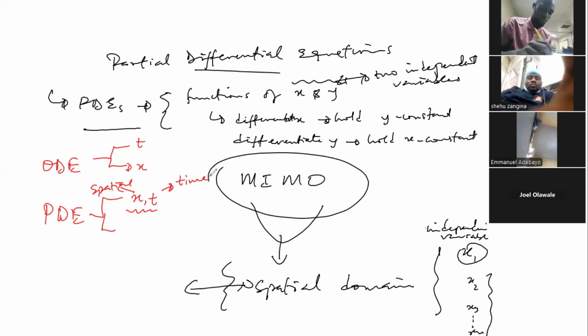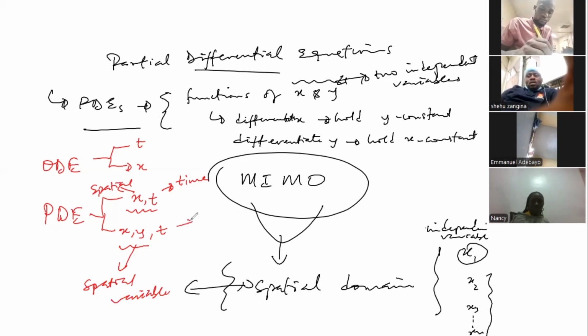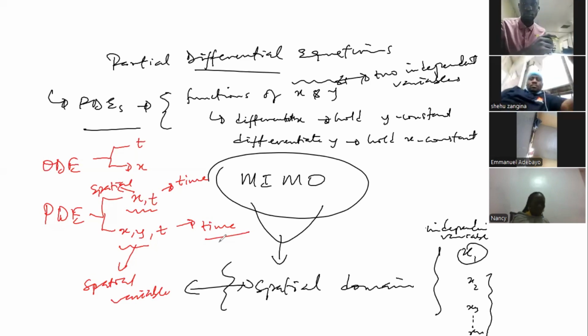One may ask, what if we have three independent variables? What is the third going to be? We could have X, Y, and T, where X and Y are spatial variables and T is still the time variable.